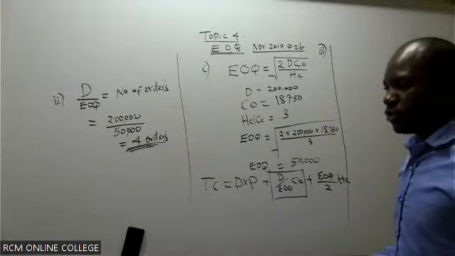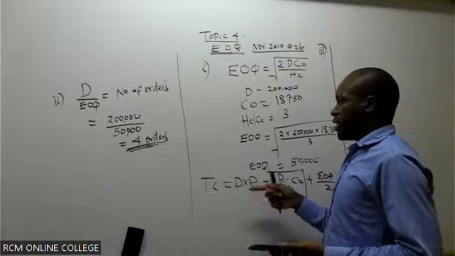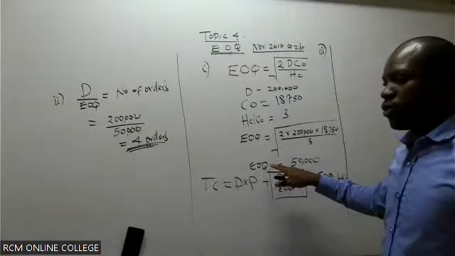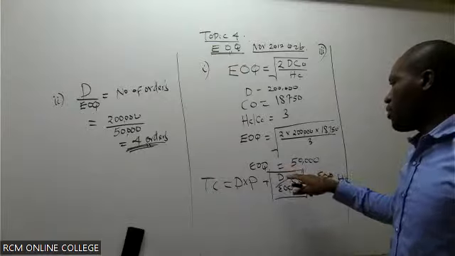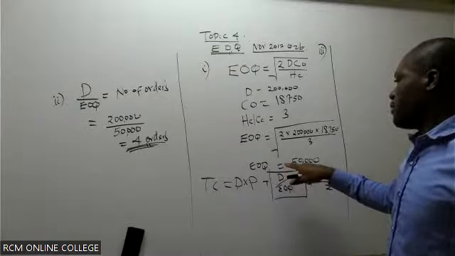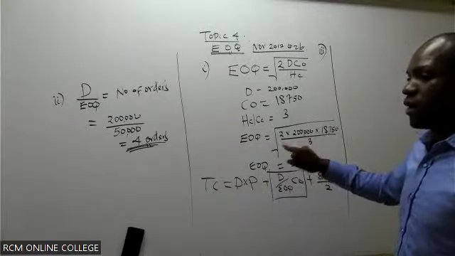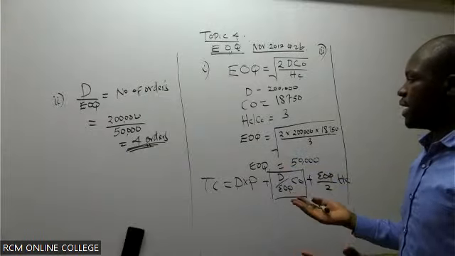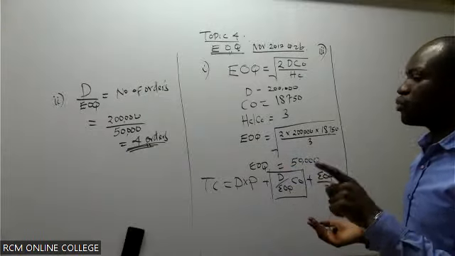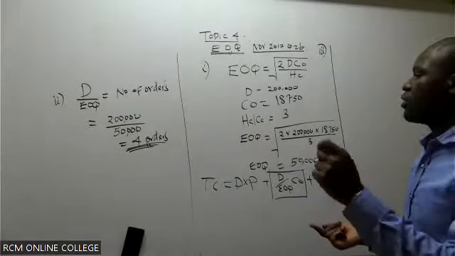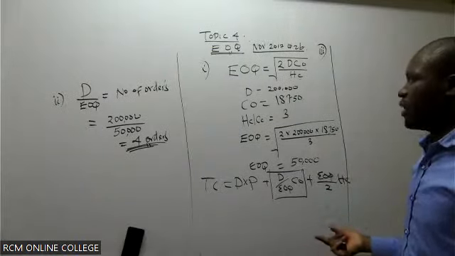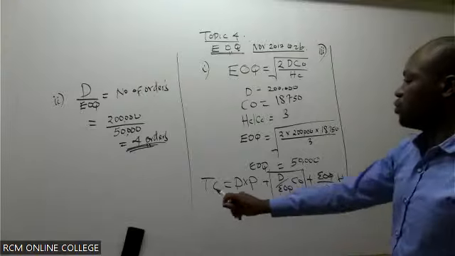They have decided to increase the economic order quantity from 50,000 to 100,000. So compare that and tell us why it is not advisable to increase it from 50,000 to 100,000.